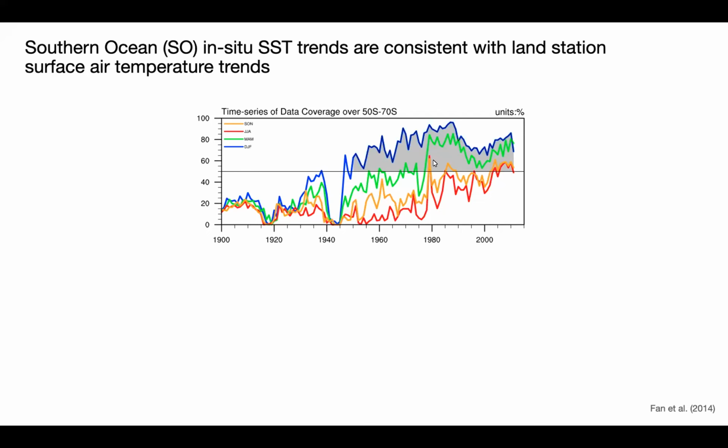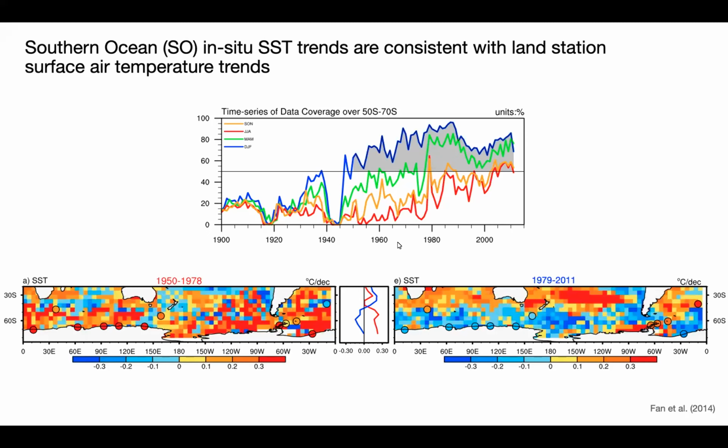So we definitely have increased the coverage to be able to tell us something about the trends over the Southern Ocean. And if we look at the two different periods that I highlighted earlier, Fan et al. also compared the SST trends to land station surface air temperature trends, and they often match quite well. On the left map, the colors in the background show the SST trends. That's the warming phase. And the circles highlight the land station surface air temperature trends.